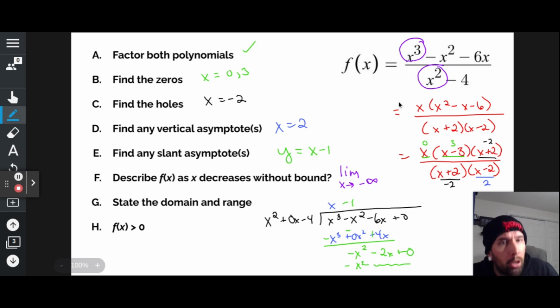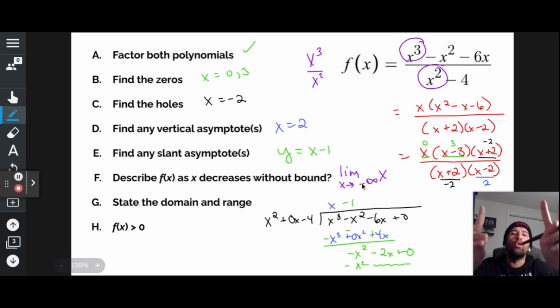So x cubed over x squared means I have two x's upstairs and two x's downstairs to eliminate. That's just x. And if I were to plug in negative infinity, notice the air quotes, then x becomes negative infinity.